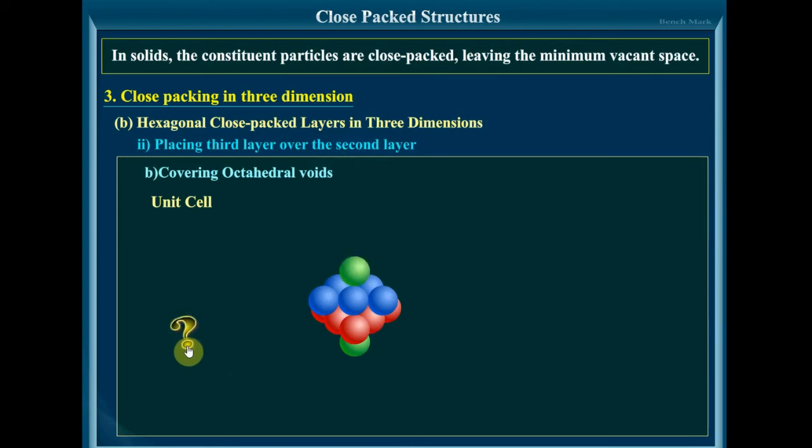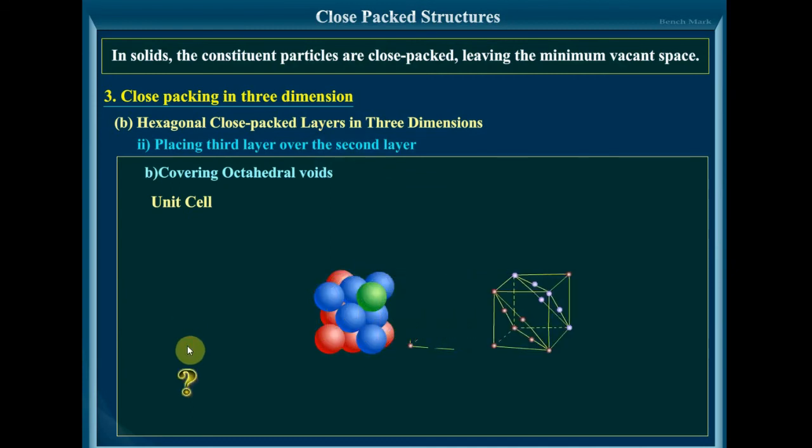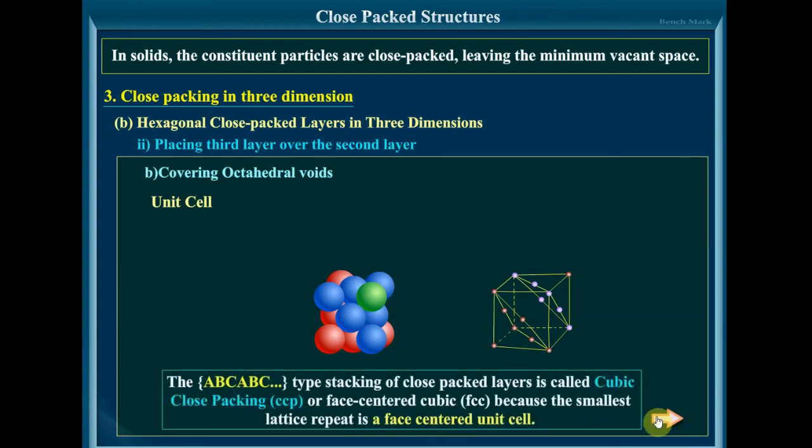ABC type stacking of close packed layers is called the cubic close packing type. So when the fourth layer is similar, the other one was HCP, hexagonal close packing. This type of arrangement is called cubic close packing. In short, it is called CCP, or it is a face-centered cubic type of packing because the smallest lattice repeat is a face-centered unit.